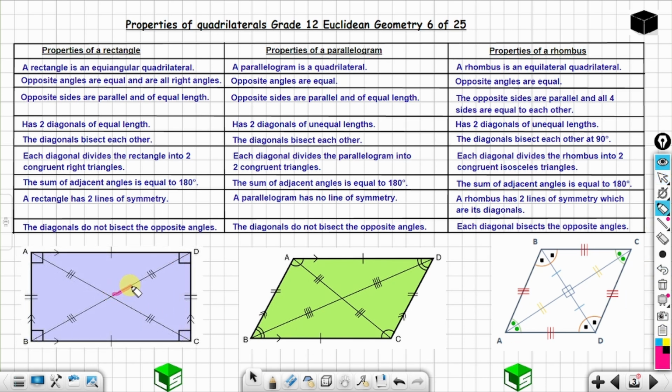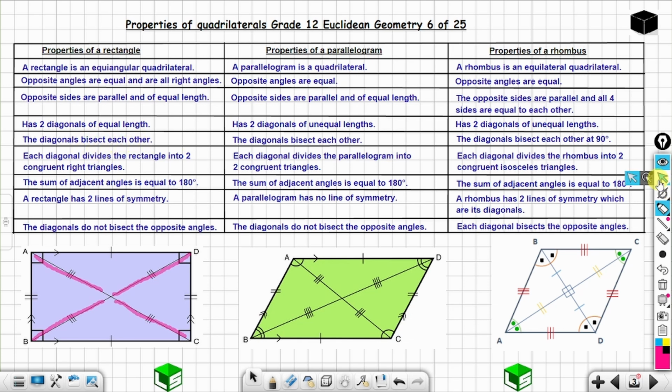So this is the same as this, and this is the same as this. To bisect, they divide each other into two equal parts. So the diagonals of a rectangle bisect each other.